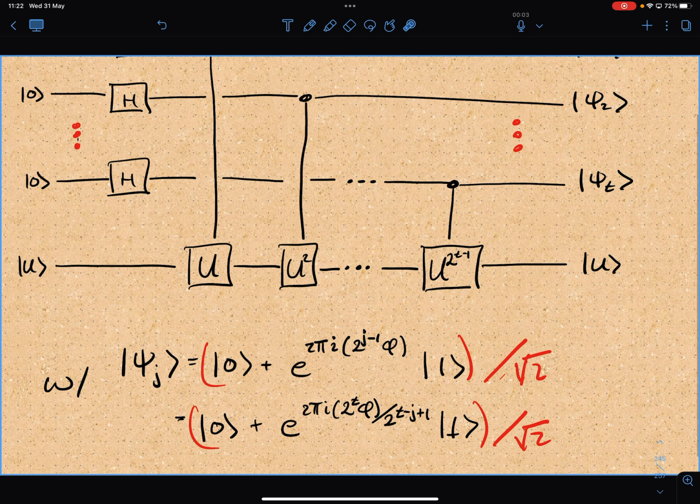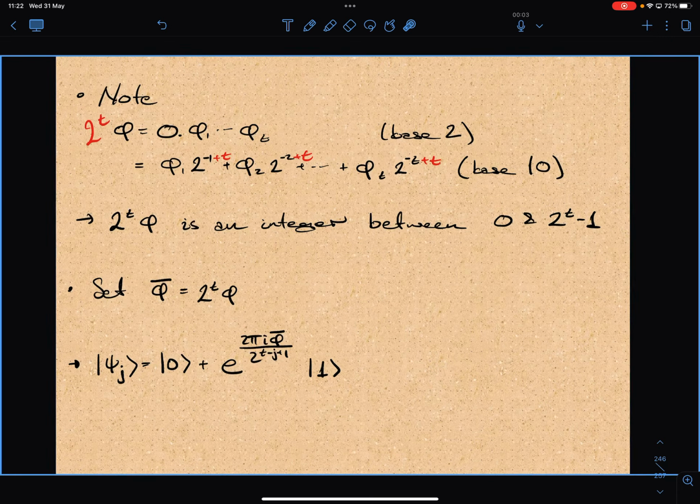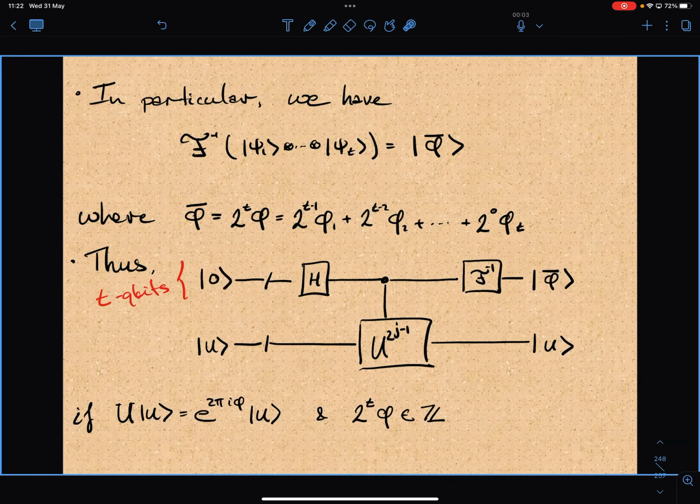So it starts at U to the 2 to the 0, U to the 2, U to the 4, U to the 8, and so on, up to U to the 2 to the t minus 1. Another question up here? So you're basically limited in your resolution by the number of qubits you have. Yeah.